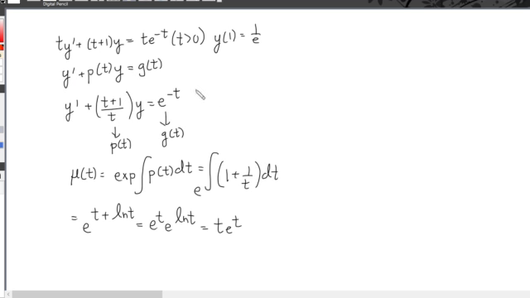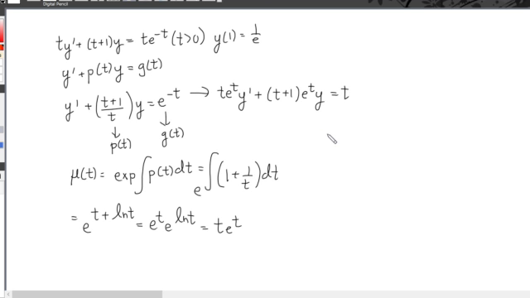So we get t e^t y prime plus t plus 1 times e^t times y, and then we multiply it to the right side, which is just t.